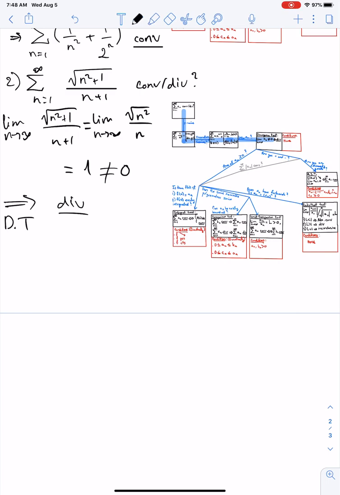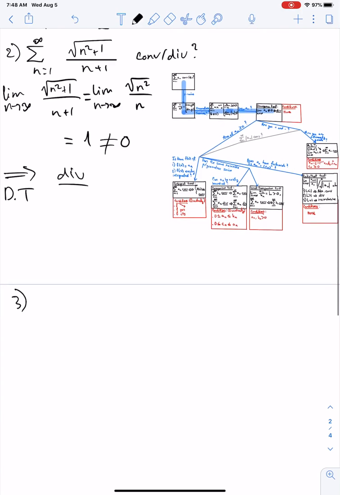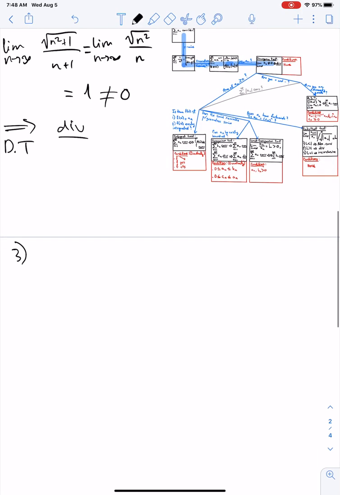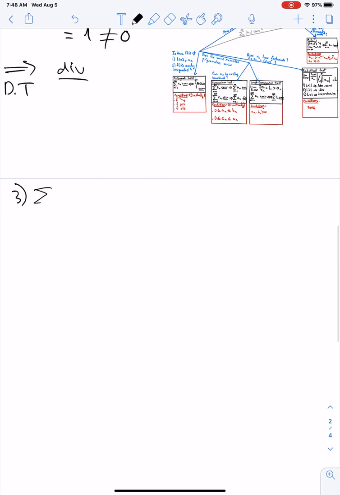Let's do another one. Say we have cosine of n pi over n. Convergent or divergent?